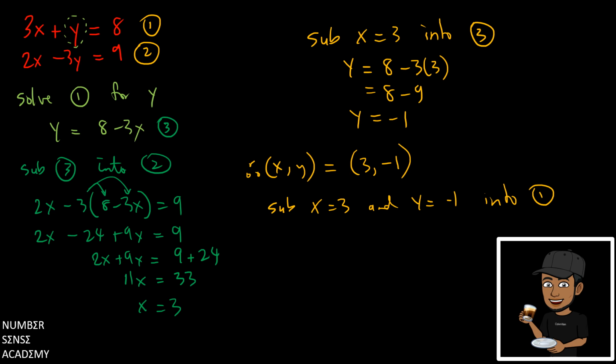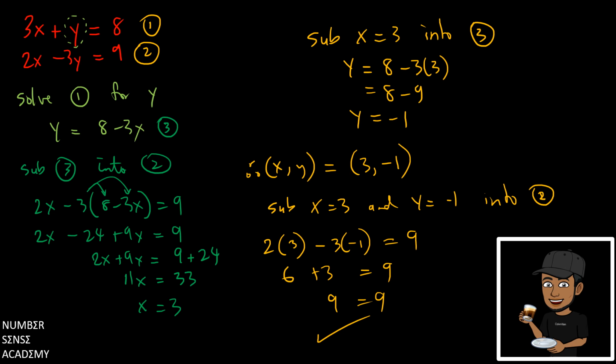Or maybe let's do equation 2. So I have 2 times 3 minus 3 times negative 1 equals 9. So 2 times 3 is 6, minus 3 times negative 1 is 3. 6 plus 3 is 9. 9 is equal to 9. So this is good. They work out.